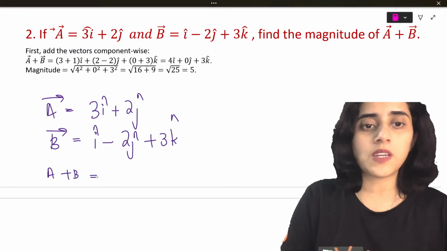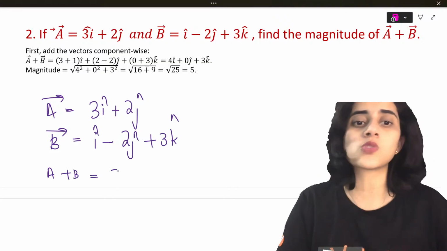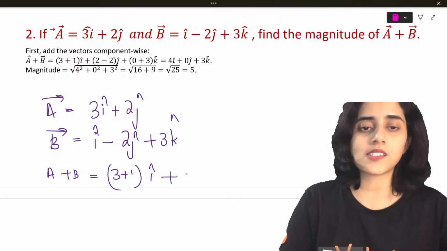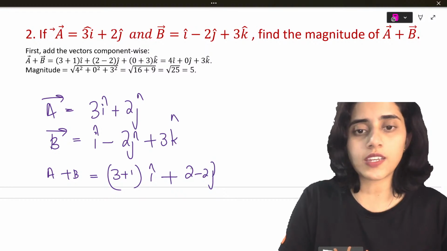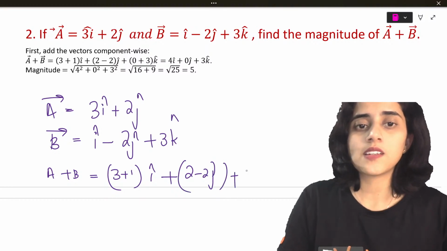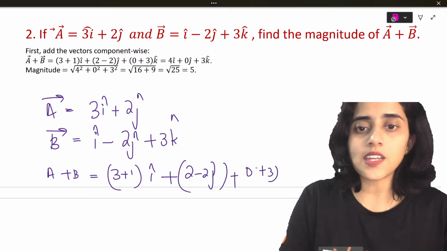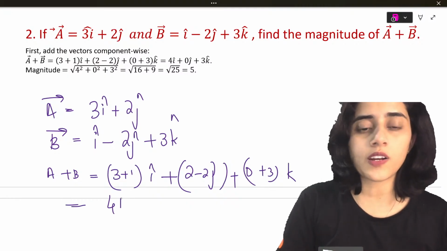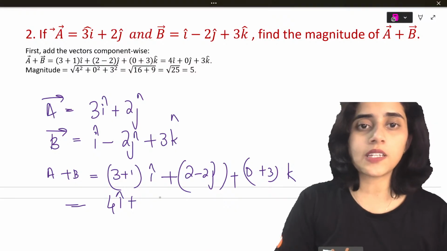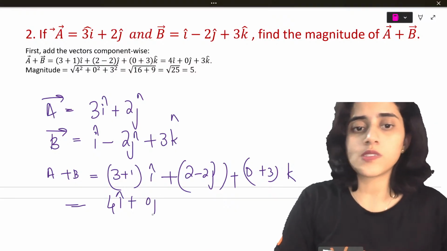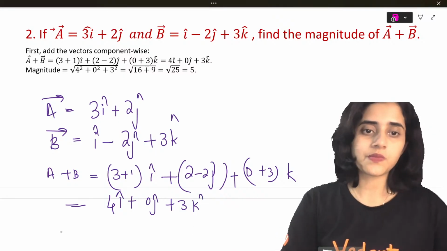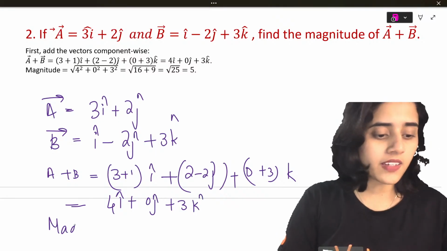So A plus B will be, first I'll take the i components. So 3 plus 1 i cap plus 2 minus 2 j cap plus 0 plus 3 k cap. So this will be 3 plus 1, 4 i cap plus 2 minus 2, 0 j cap plus 3 k cap.